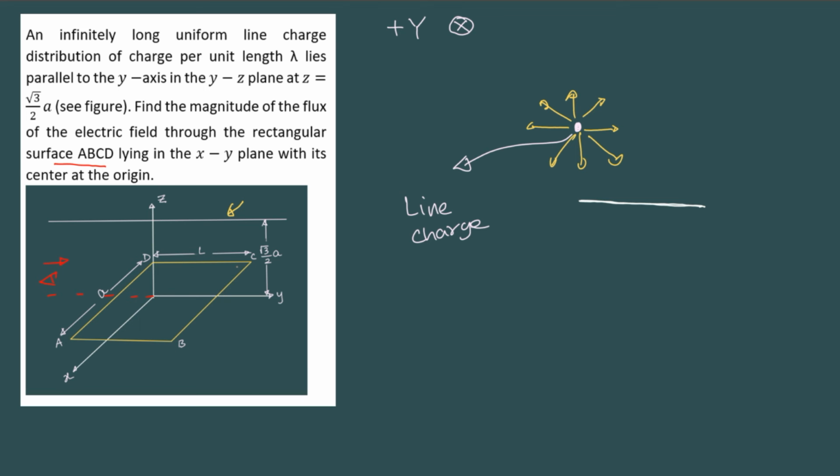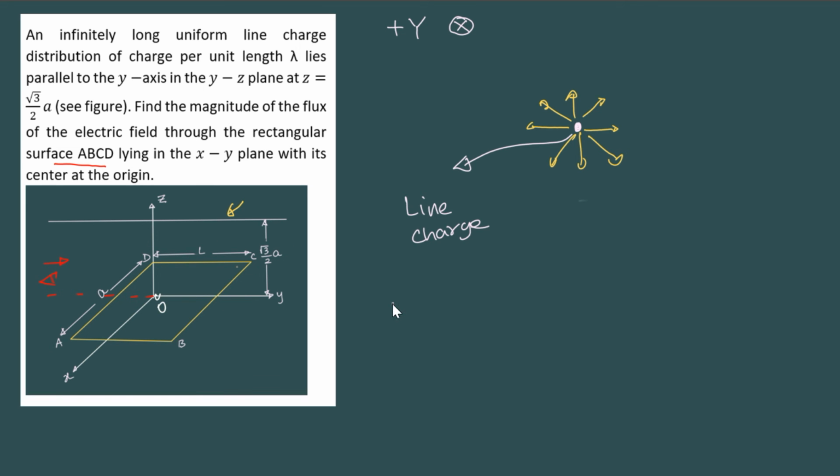Let me draw it again. The important thing to note is the center of the rectangle is actually at the origin, and the uniform line charge is placed in the YZ plane.